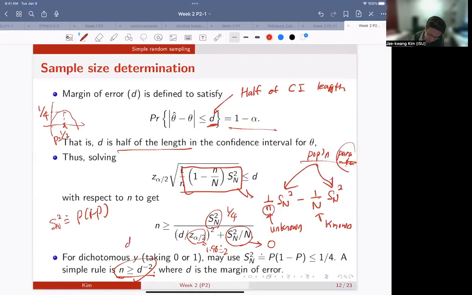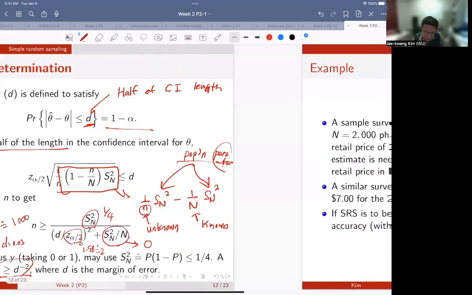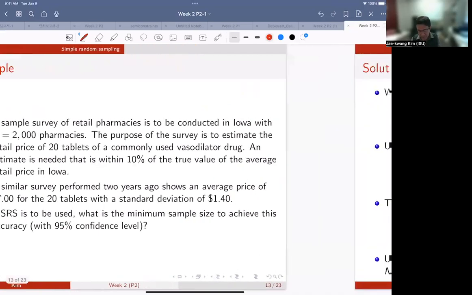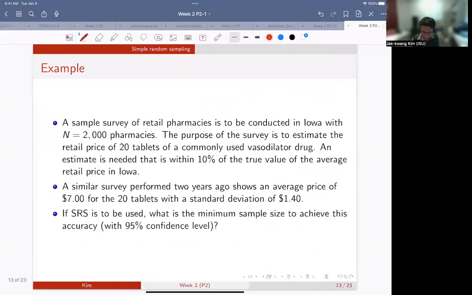So if d is, for example, 0.03, then the sample size is 0.03 to the minus 2, which is roughly 1,000. So that is a typical sample size. Okay. I have some explanation in the class, but this is pretty much clear.